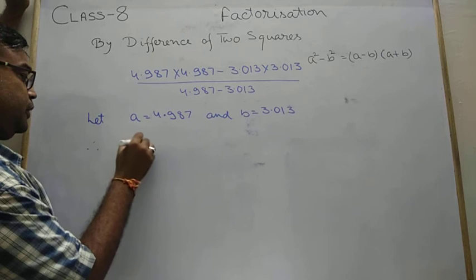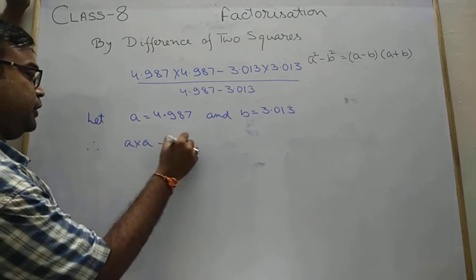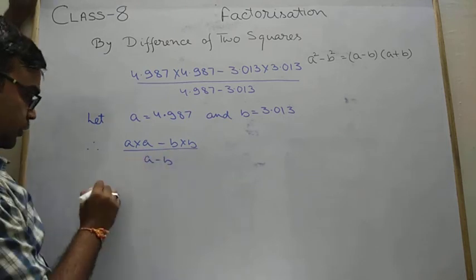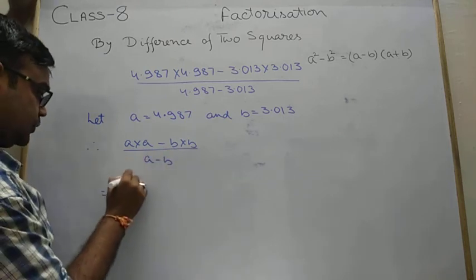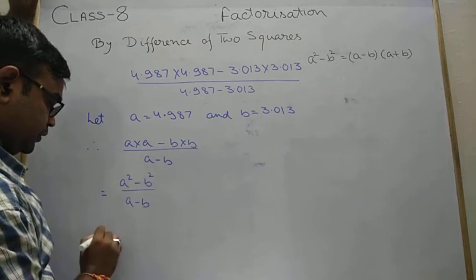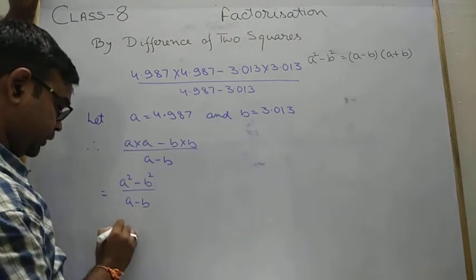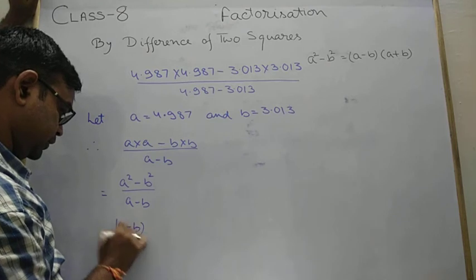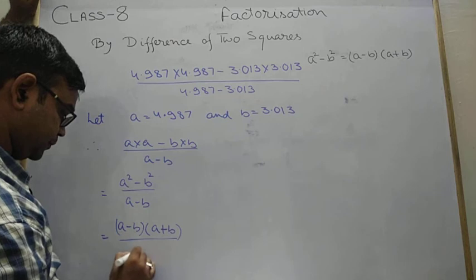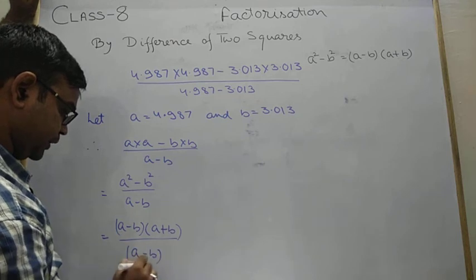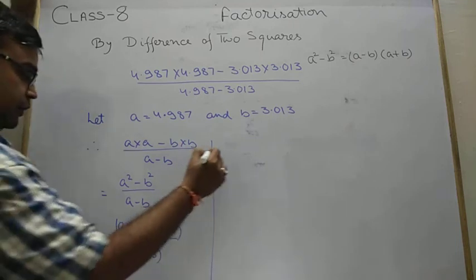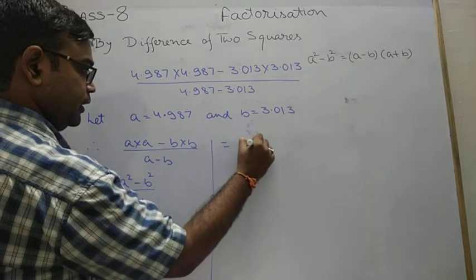Therefore A into A minus B into B by A minus B, or A square minus B square by A minus B. By using the identity we write A minus B, A plus B, by A minus B. Use brackets, these two cancel each other. So we have only A plus B.